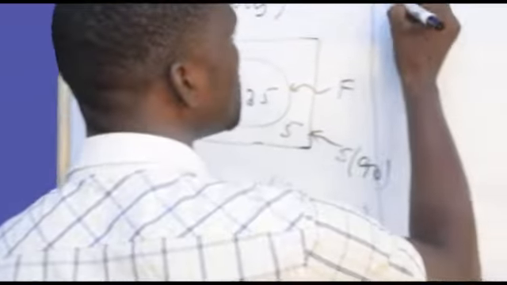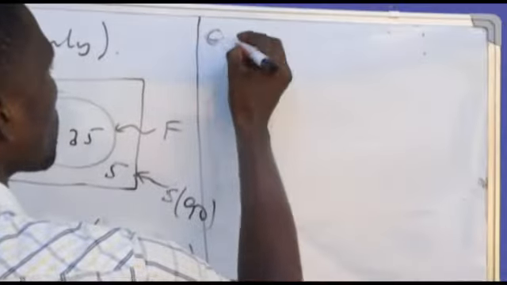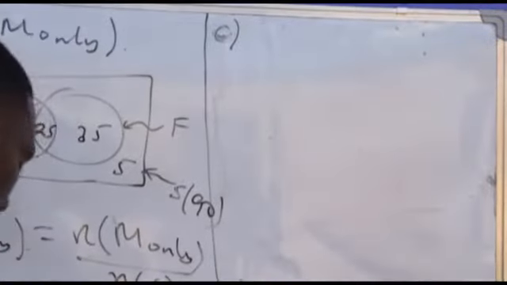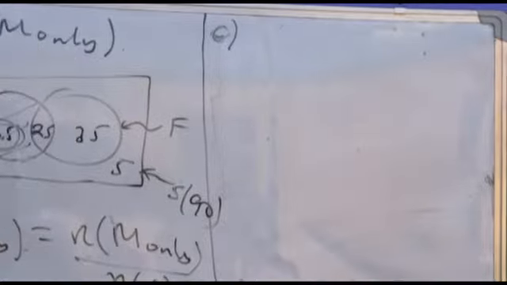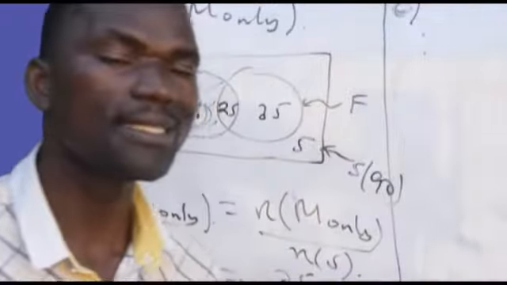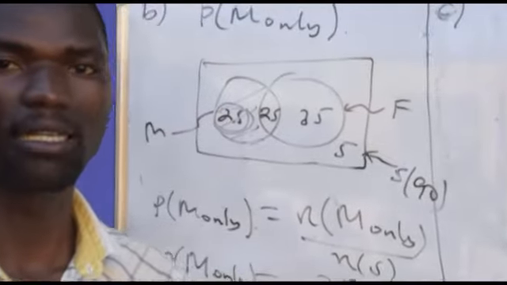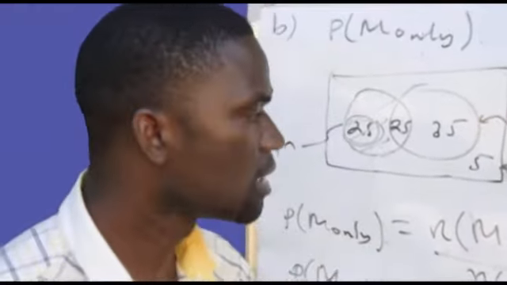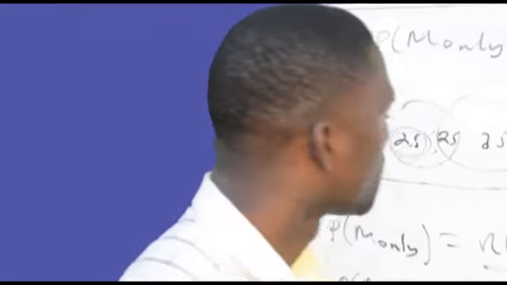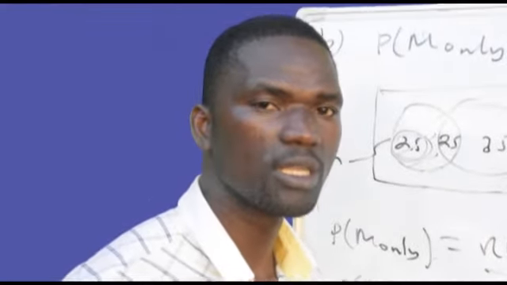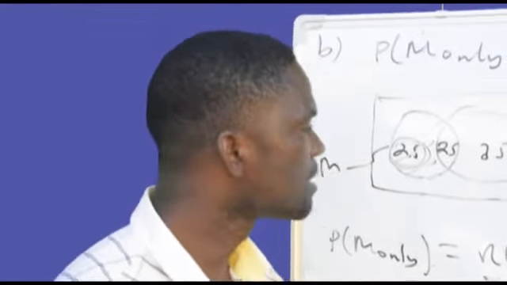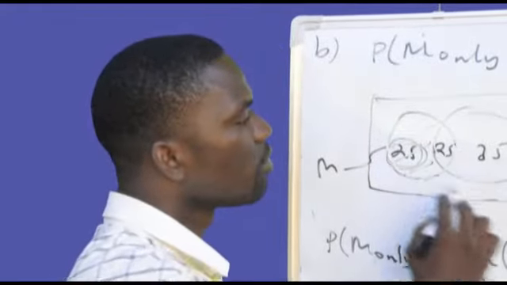Now we solve part C. Part C asks for the probability that a student selected at random eats neither of the two types of food identified. This means all students who would not eat meat or fish.